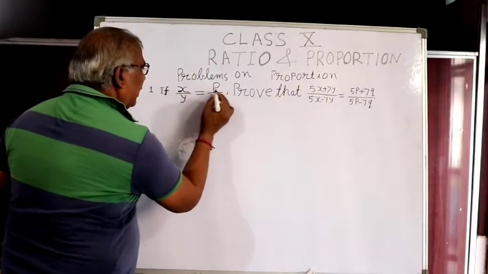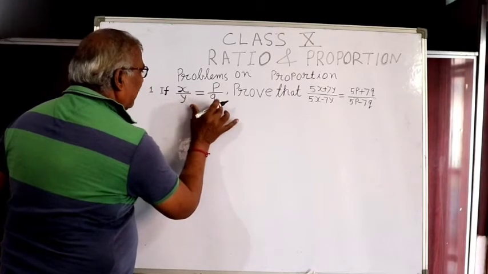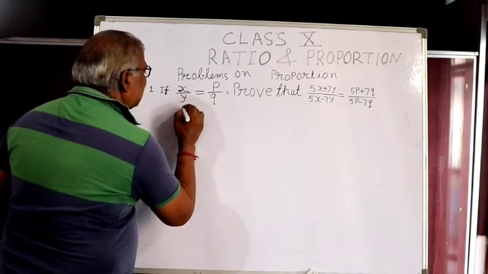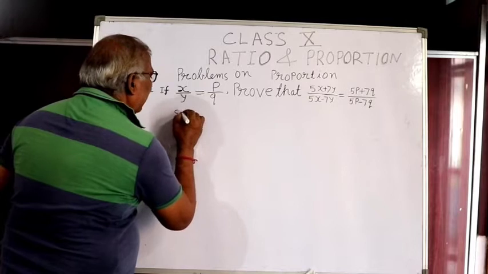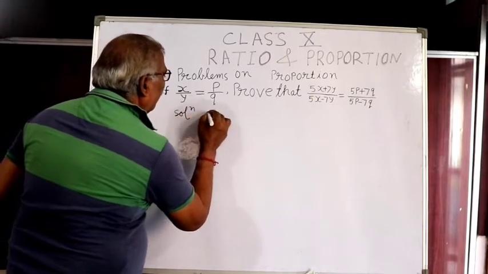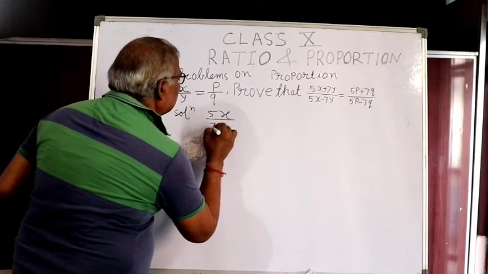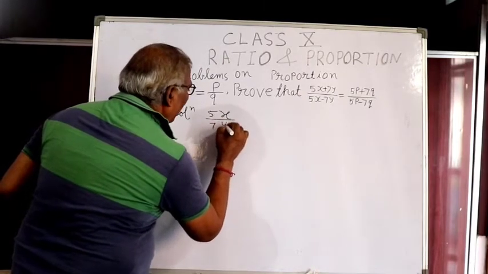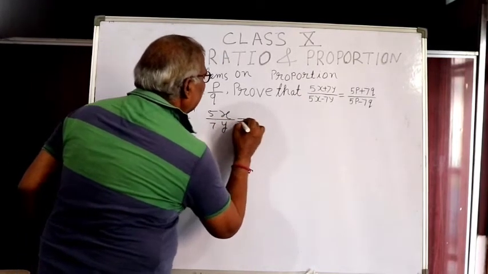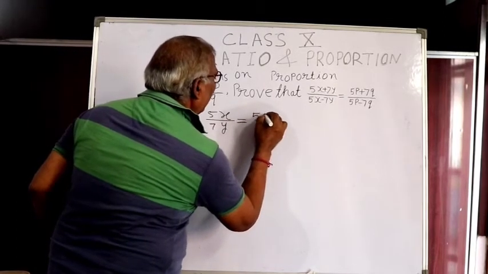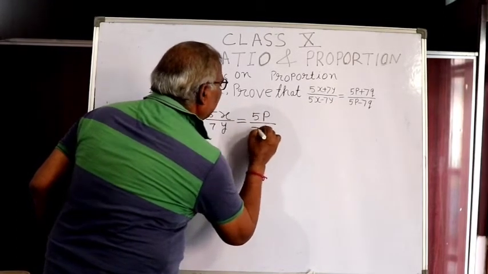If we multiply both sides of this equation by 5 by 7, then we get 5x upon 7y is equal to 5p upon 7q.